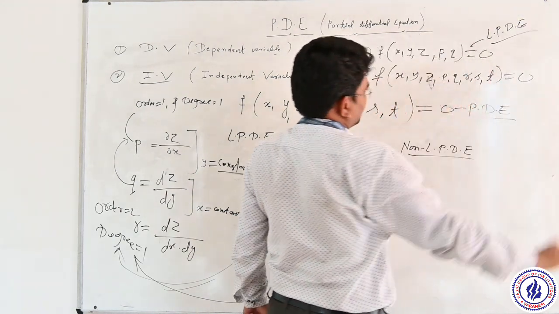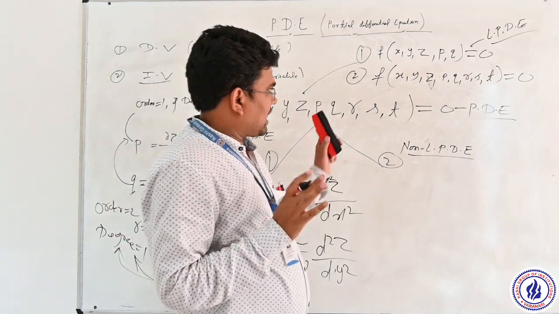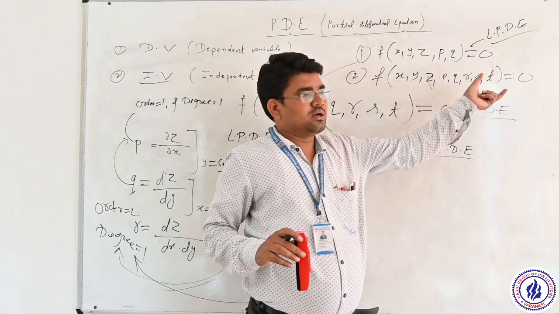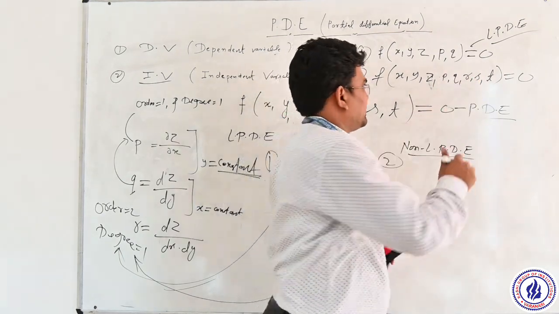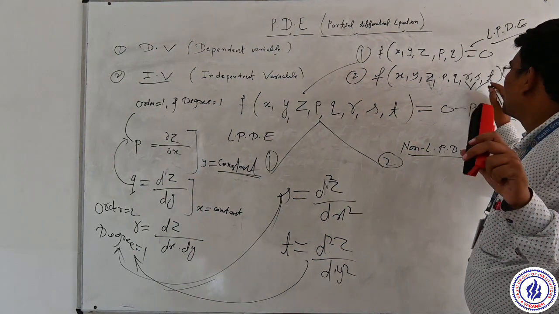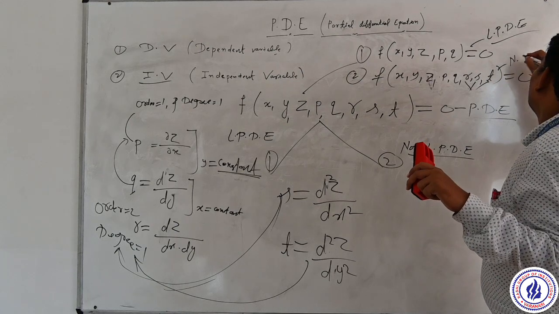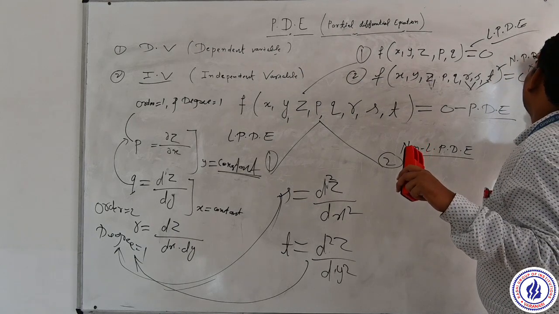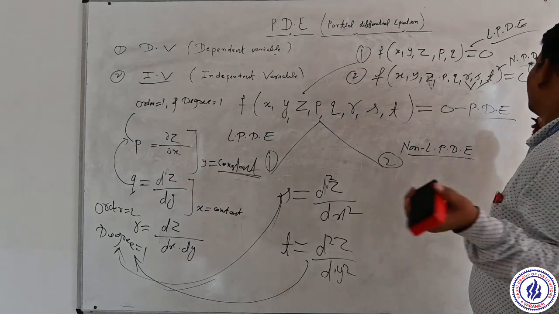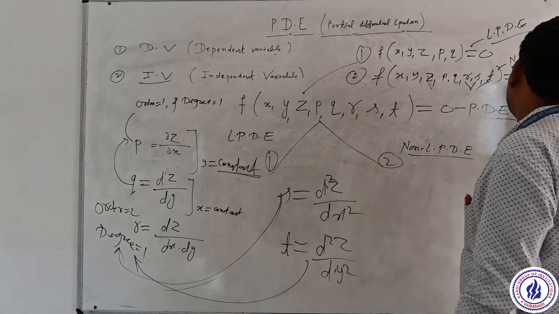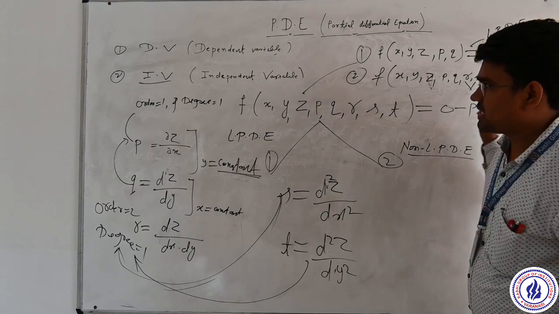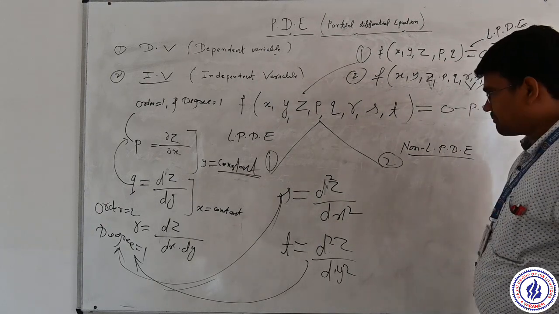If all or any one of r, s, t, at least one among the three, is present, we say that it is a non-linear PDE, a non-linear partial differential equation. Okay, my dear student.